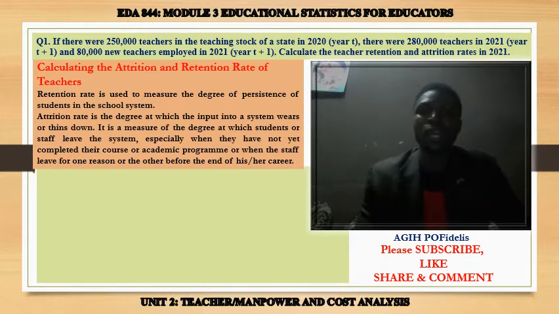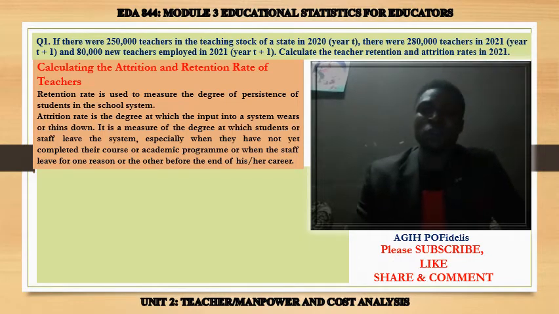Attrition rate, on the other hand, measures the degree at which the input into a system wears or thins down. It is a measure of the degree at which the students or teachers leave the school system, especially when they have not completed their academic program, or for the teachers when they have not finished their career.